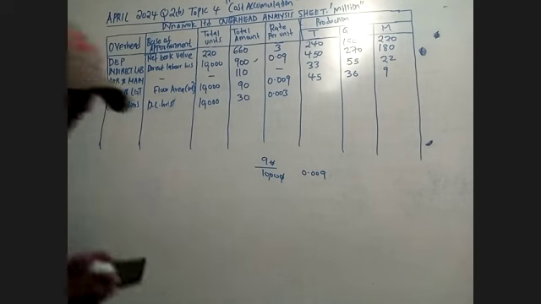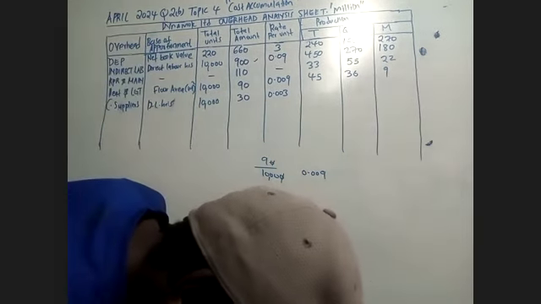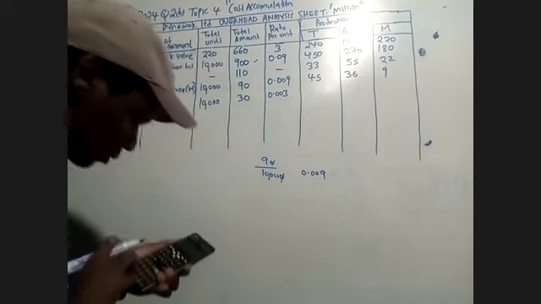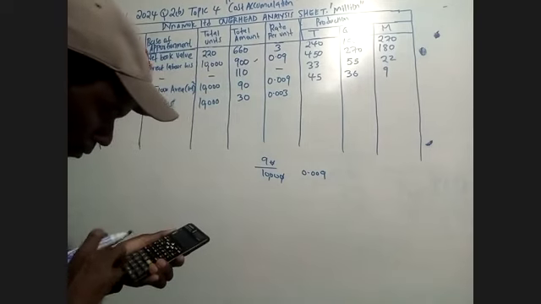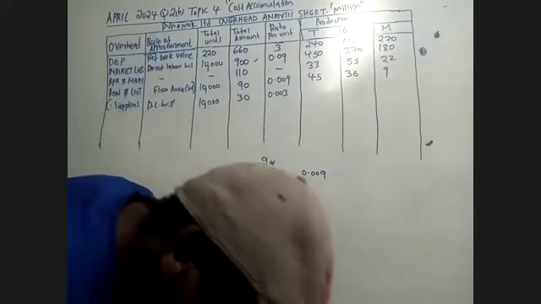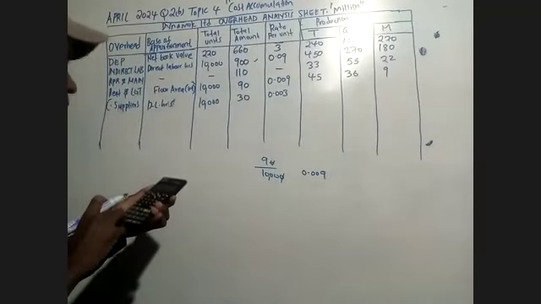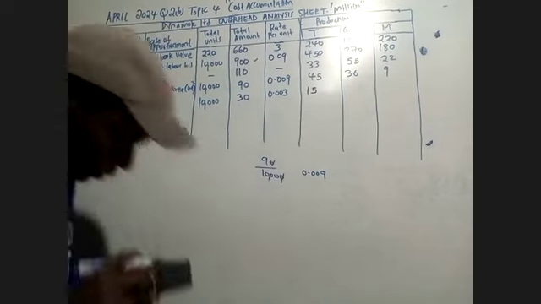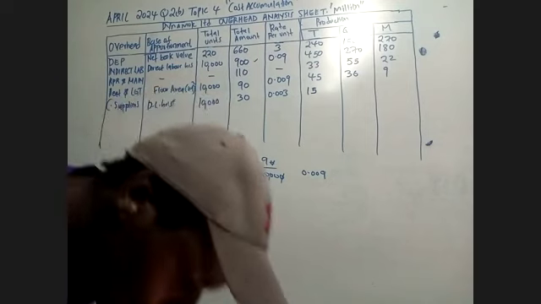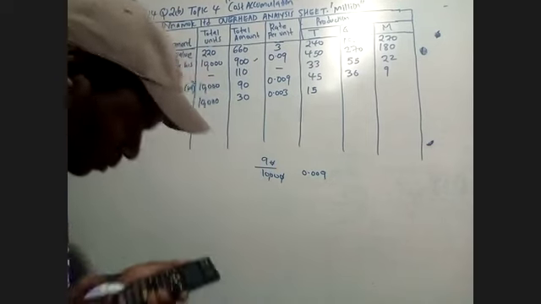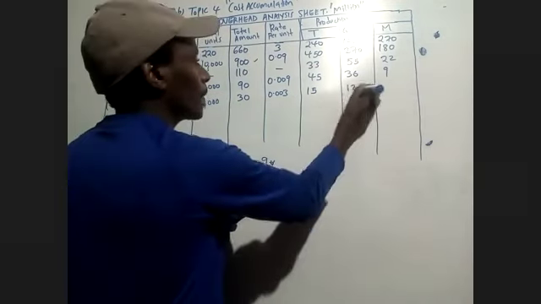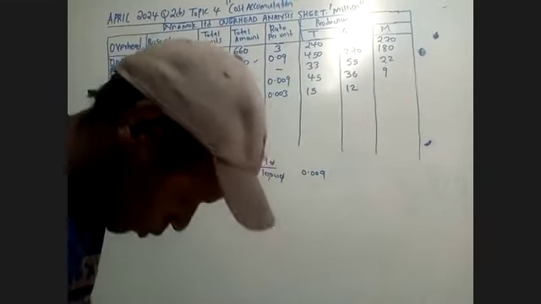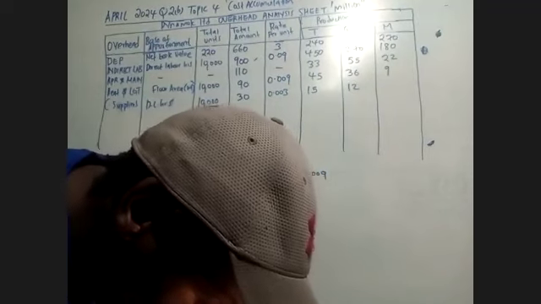Now, so hiyo direct labor hours kuna ingine? Hakuna. So 5,000 ya kwanza. 5,000 times 0.003, which is 15. And then kutoka hapo tunaenda kwa 3,000, which is 9.